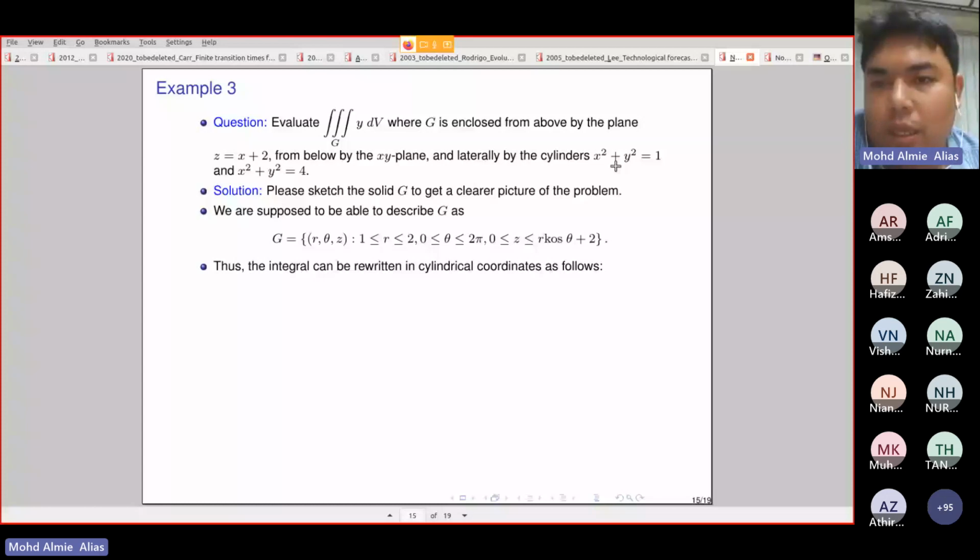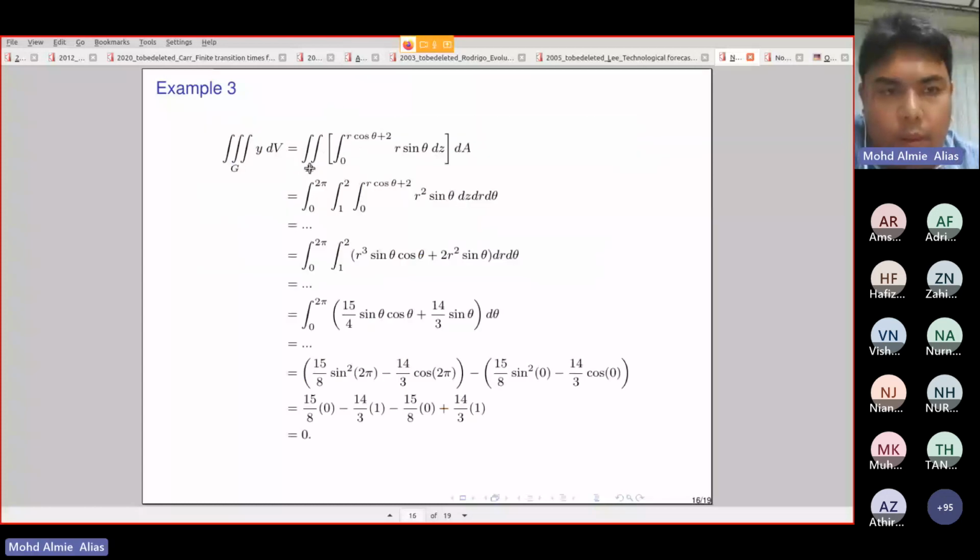There are two cylinders actually, this and this.